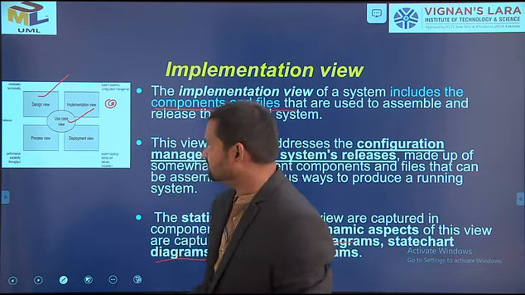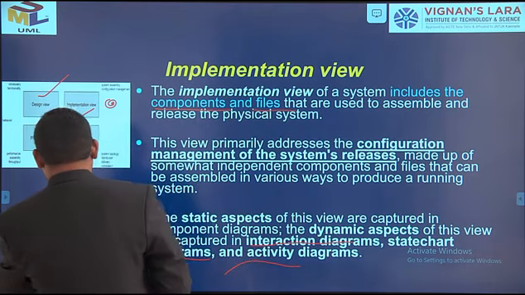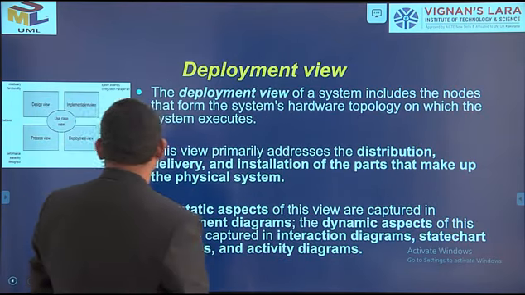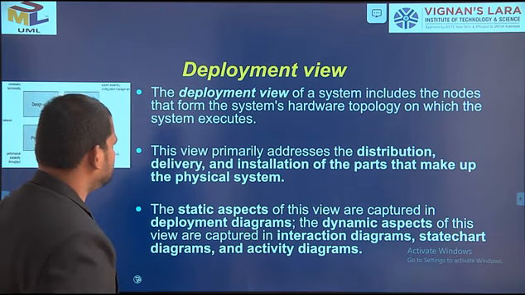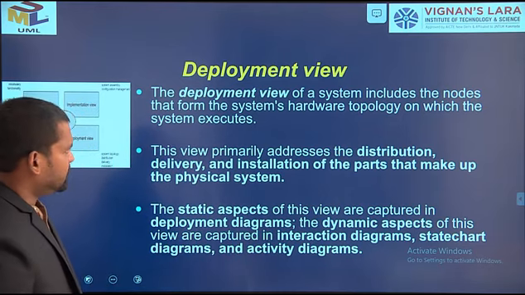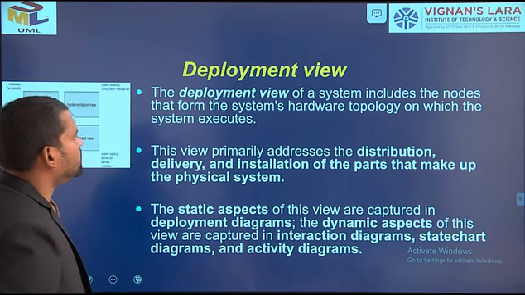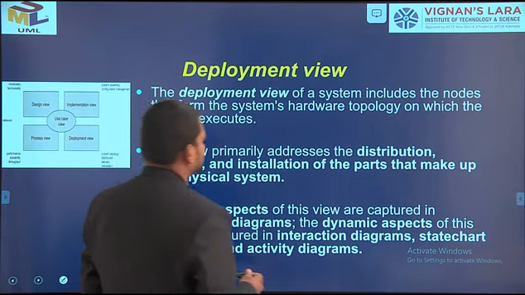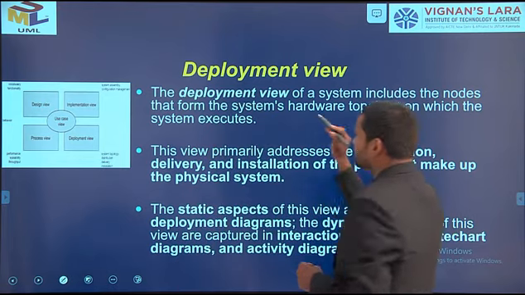Next one, fourth one. What is the fourth one? Deployment view. The deployment view of a system includes the nodes that form the system's hardware topology on which the system executes.